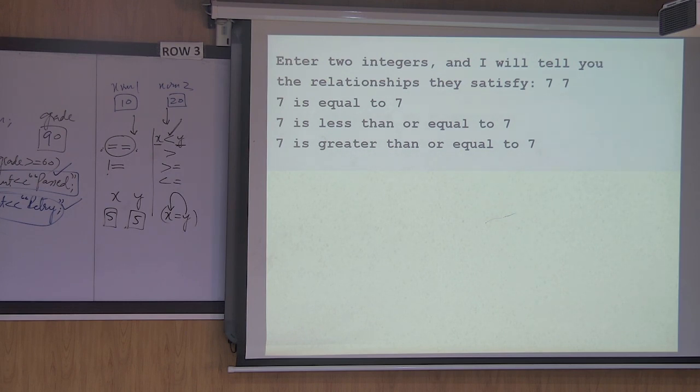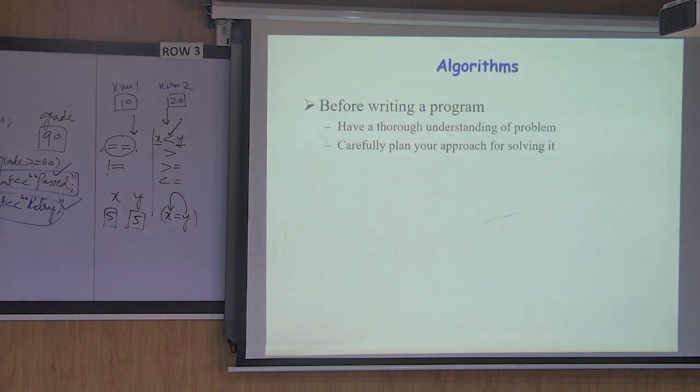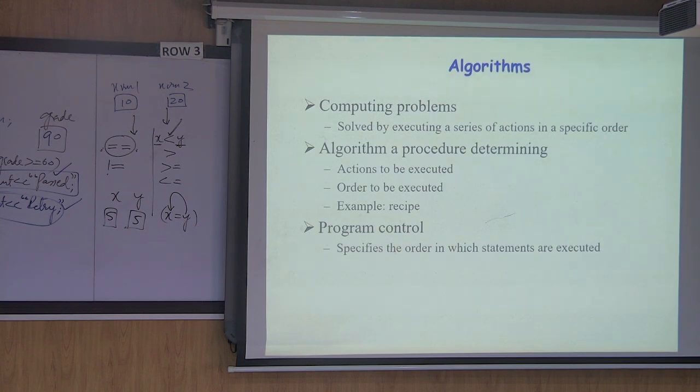Okay? So algorithm is something, have a carefully thorough understanding of your problem, plan your approach, actions to be executed, order to be executed is of vital importance. Example is the recipe. Control states: everything is sequential normally, but specify the order in which statements are executed.